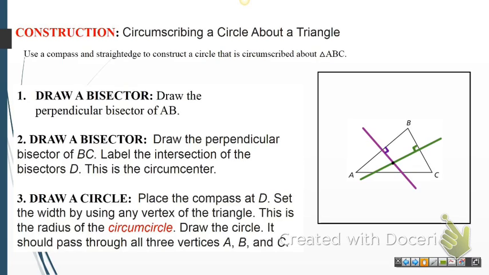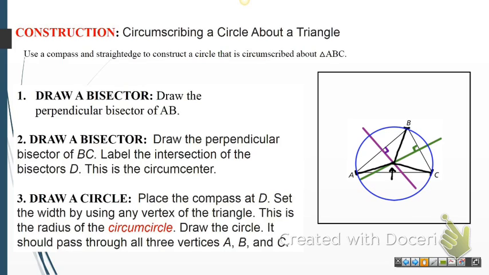So now I can place the point of my compass here and open up my compass so that it goes out to A, B, and C. They should be equidistant from all of those three points. And now when I get ready to draw, it should be a perfect circle which goes all around A, B, and C. Let's see if I can do it.